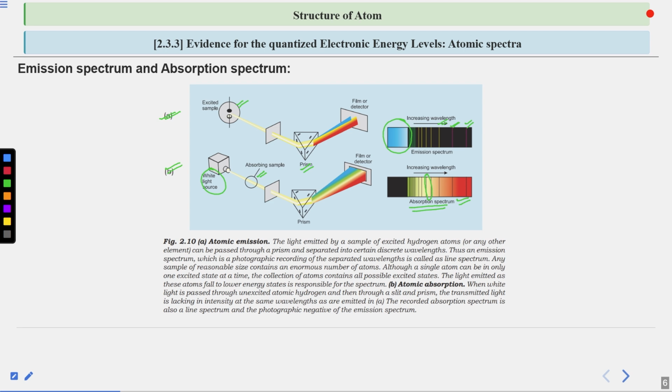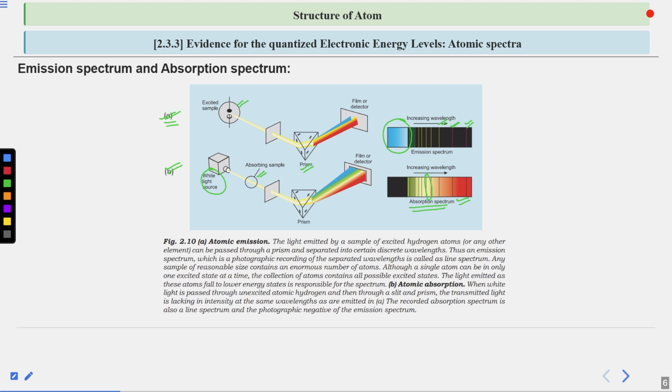So this is the basic idea behind the emission spectra and the absorption spectra. This is emission, because here the sample is emitting light and that is being detected with the help of a prism, whereas in the second case, our sample is absorbing the light.